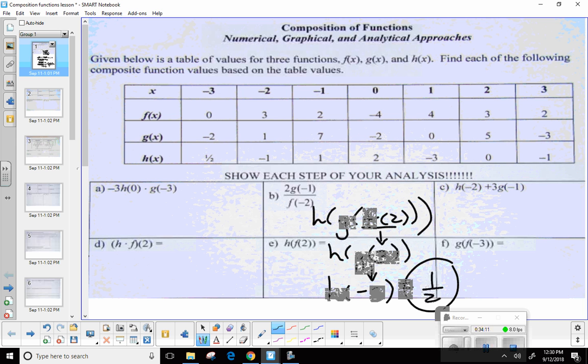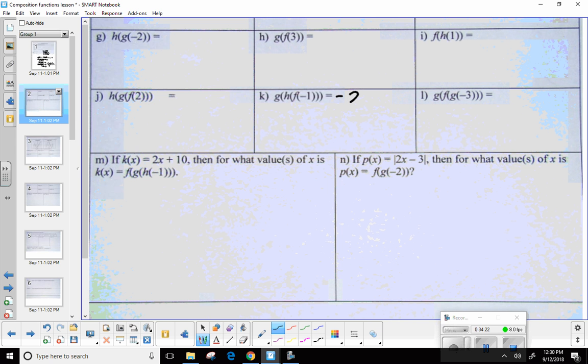Okay. In fact, has anybody taken a look at K? I got -2. That is absolutely correct. So K is -2. What do we get for L? -3. Okay. Does anybody want to run through one of those real fast?